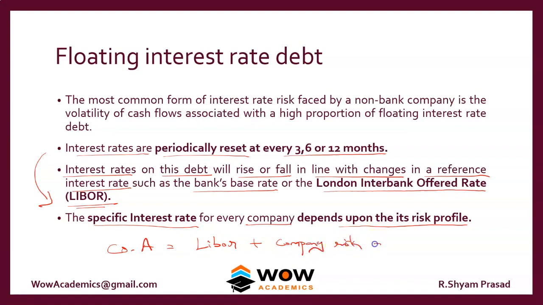So for example, LIBOR might be 10% and the company specific risk can be 5%. So together it will be 15%. But if company B is going to borrow a LIBOR based loan, the LIBOR will be the same 10%, but the company specific risk can be 2%. So the interest rate for each and every company in floating rate will differ depending upon the company's risk nature.